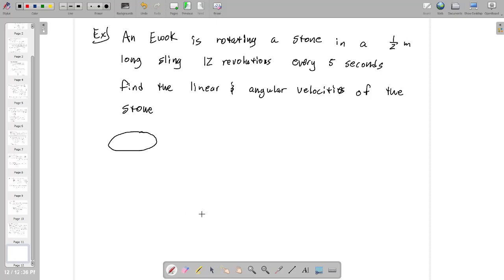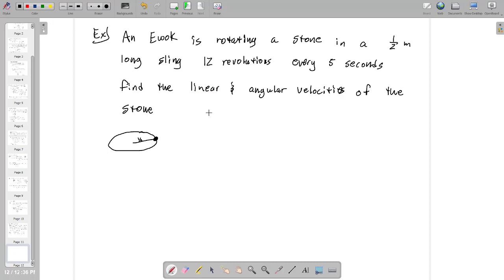We have a circle, and our sling is 1/2 meters. And in this sling is a stone. Now this stone is rotating 12 full revolutions every 5 seconds. We need to figure out what the angular and linear velocities of this stone are.